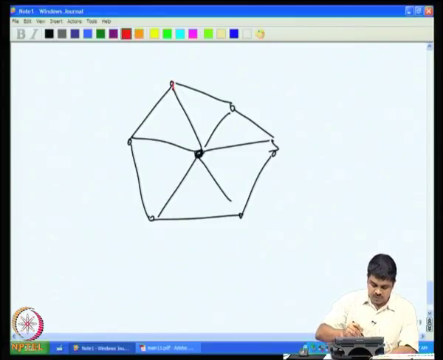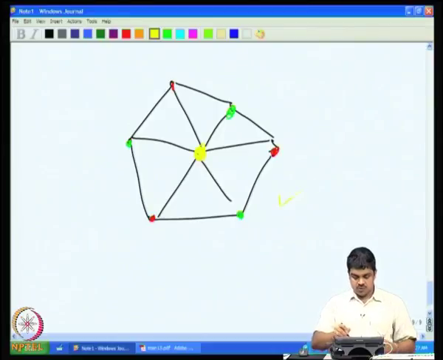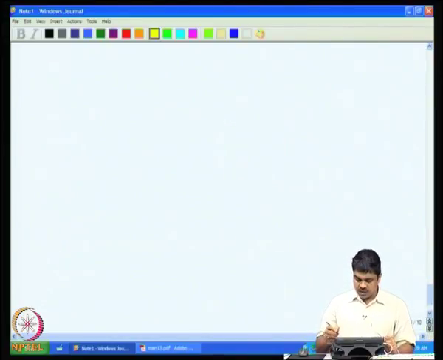For instance, here one is green, so we may use this color, and then this color, and this color here. And then we will have to give a new color, because this color is not possible, and neither is red. So we have to use a different color for the middle vertex.